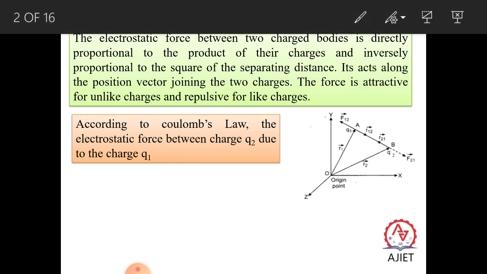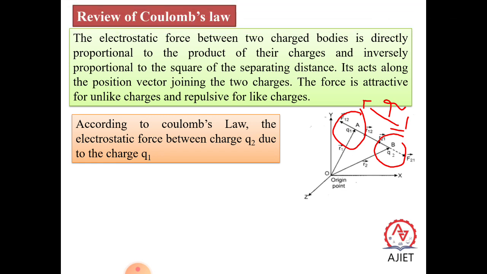Let us keep a charge Q1 and a charge Q2, and let the separation between these two charges be R. In such cases, we can calculate the force as F is directly proportional to Q1 Q2 by R square, or F is equal to a constant K into Q1 Q2 by R square. So what is K? K is a constant. It depends on the nature of the medium separating the charges.